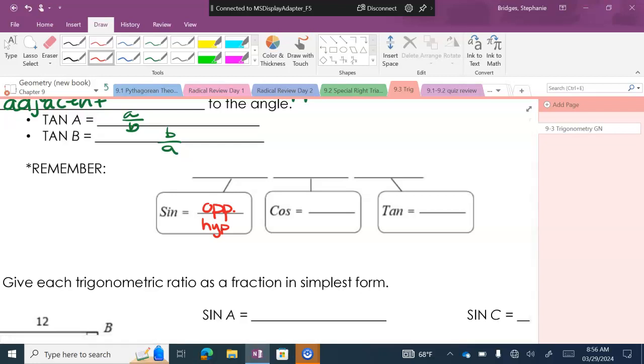Look at the first letters of each one of those. What's the first letter of sine? S. And then the first letter of opposite is O, and the first letter of hypotenuse is H. So in that blank above that little bubble, write S-O-H.